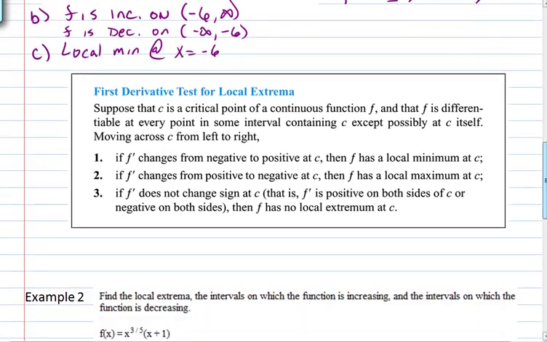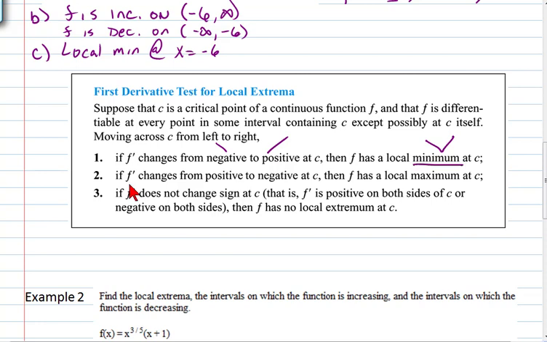All right, the first derivative test for local extrema. This kind of formally states what we just observed. If the derivative changes from negative, that's a decreasing function, to positive, that's an increasing function at C, then f has a local minimum at C. Well, that makes sense, right?